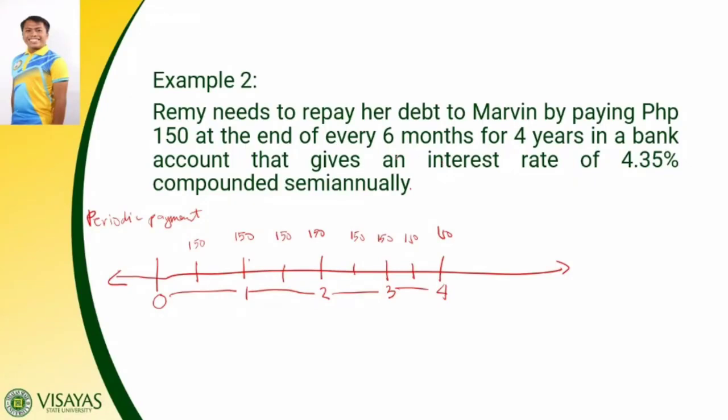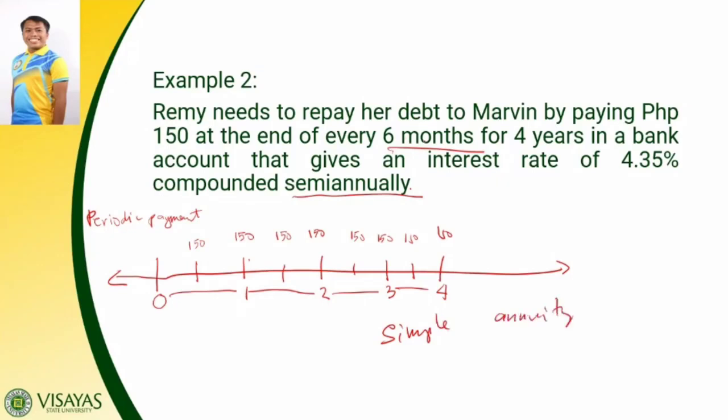Every 6 months, or semi-annually. When we say semi-annually, it is every 6 months, because we have 12 months in a year. So the payment interval and the interest period are the same. The interest is compounded semi-annually, so the interest period is semi-annual. So this is an example of a simple annuity.